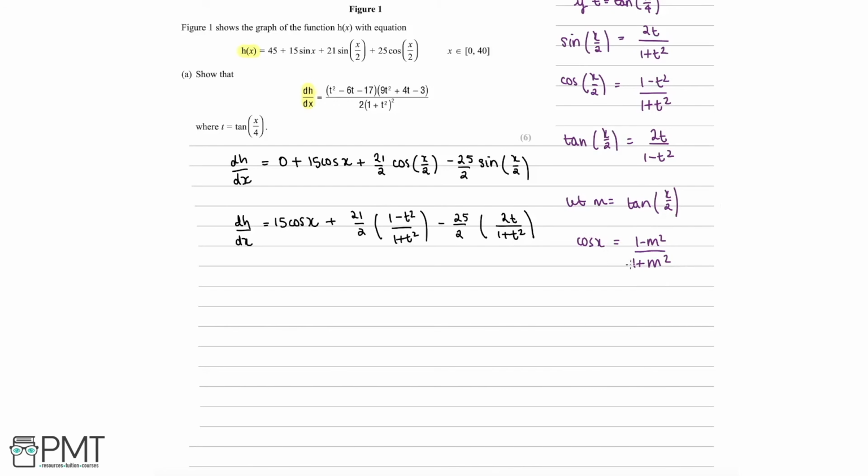If cos x is equal to 1 minus m squared all over 1 plus m squared, and if m is equal to tan of x over 2, then m is also equal to 2t all over 1 minus t squared.